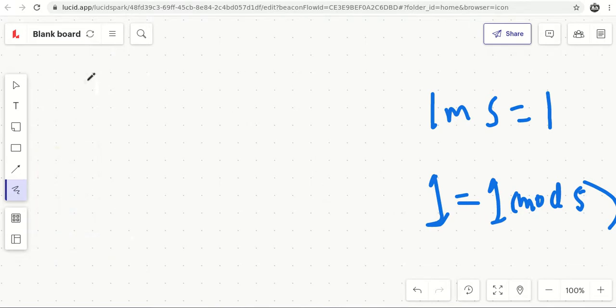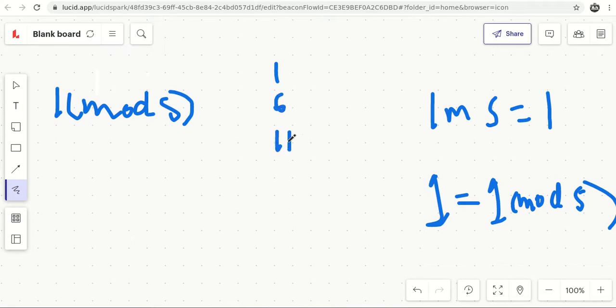Now, what are the numbers that will give 1 if we mod 5? 1 will give 1, 6 will give 1, 11 will give 1, 16 will give 1. That is easy.